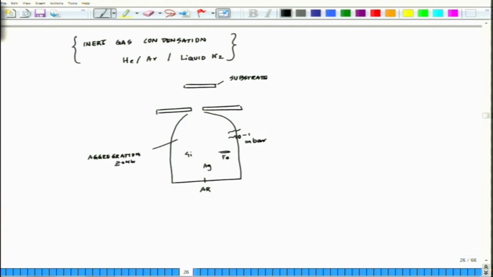Okay, and then you have this aperture here. Now C is your deposition section, that is out here.